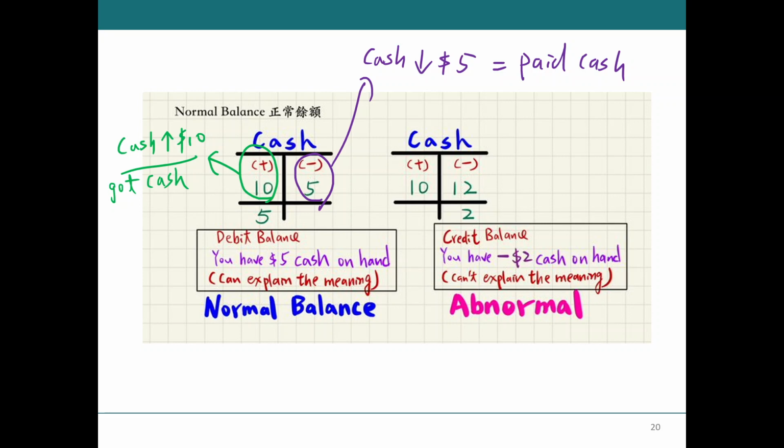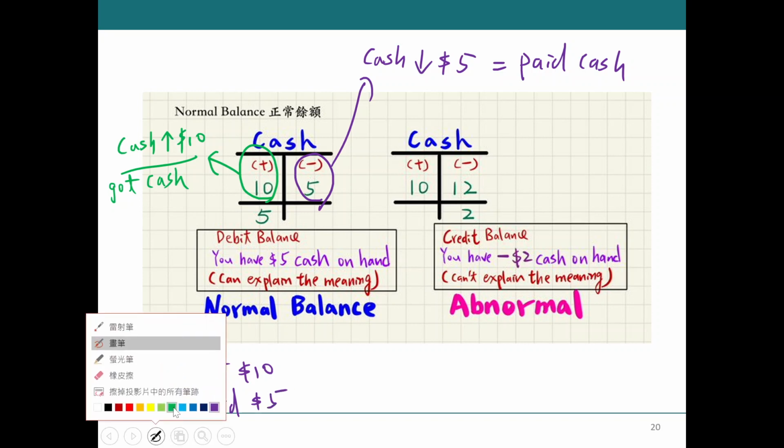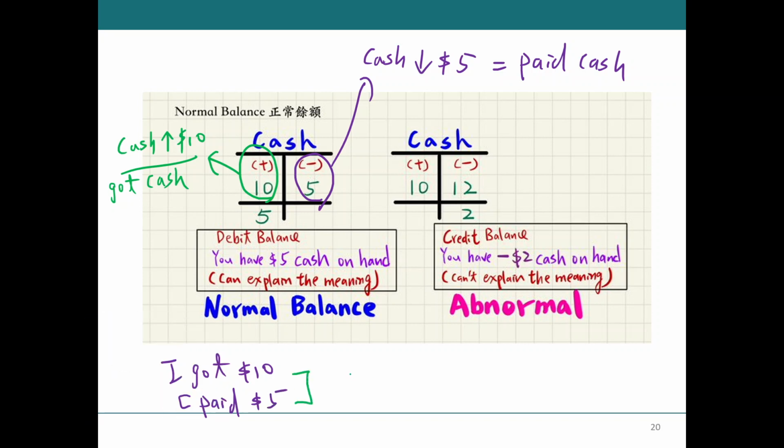Okay, so I got $10, but I paid $5. So in the end, final amount should be $5 I still have, right? Cash.